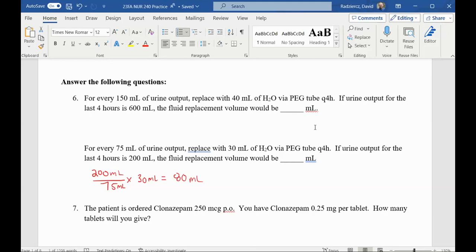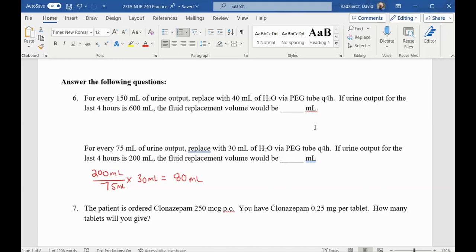Oh, okay, thank you. You're welcome. You can't assume that if they voided 600 milliliters in 4 hours, but I said it was 200 milliliters in 2 hours, that the other 2 hours was another 200 milliliters. You just can't do that. So you just have to use the information that is available.